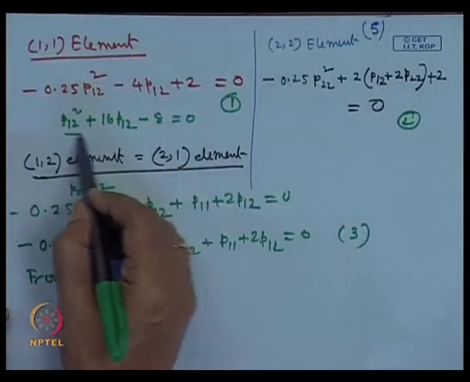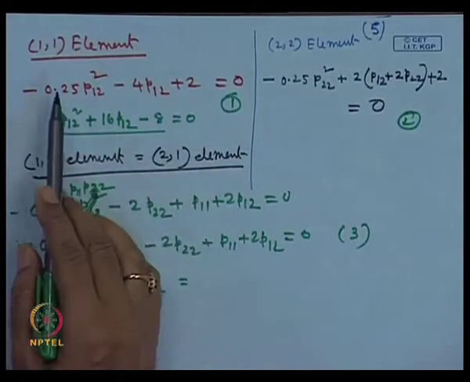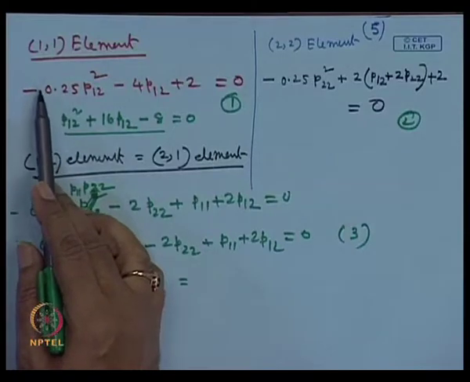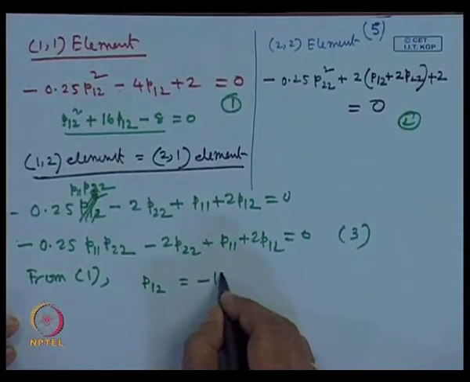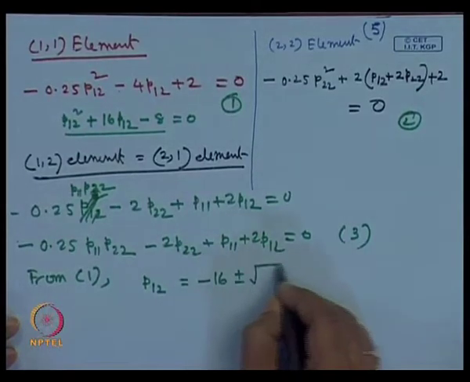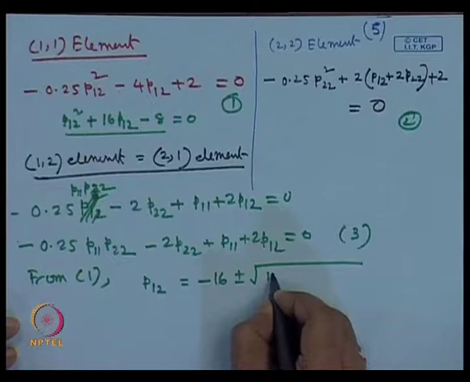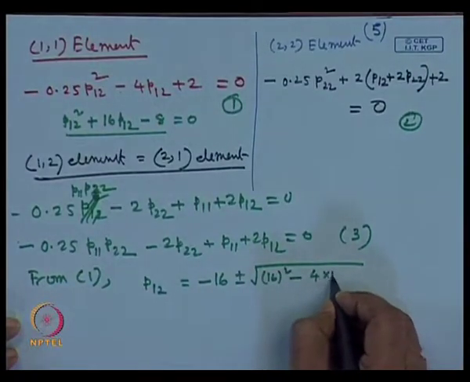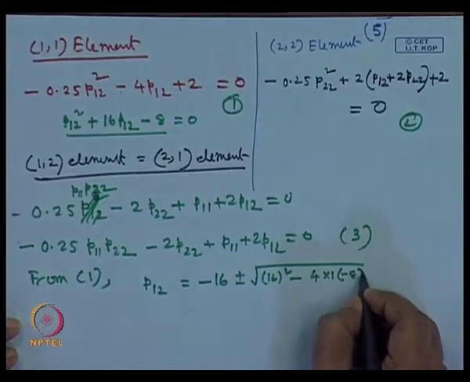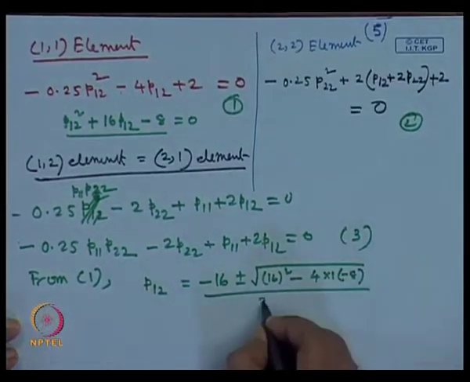If you multiply it by minus 4, then this will be plus minus. So, it will be minus b plus minus root over b square, that is 16 square minus 4ac, divided by 2a.